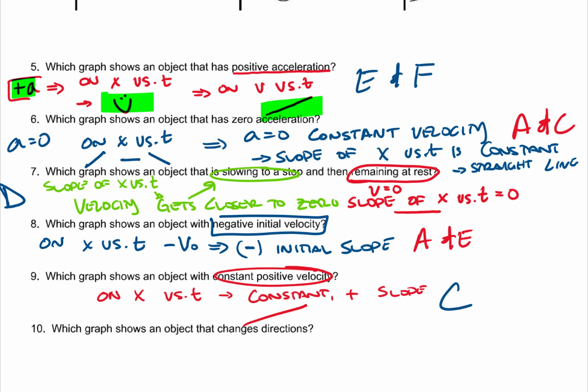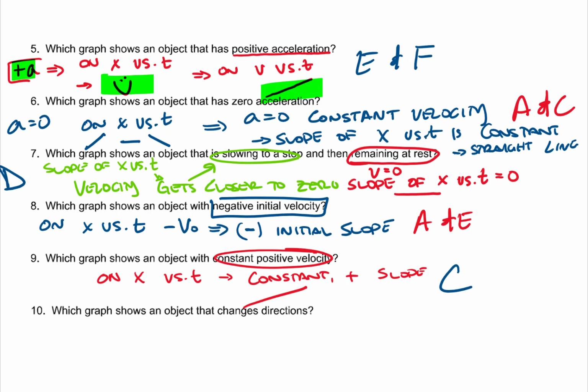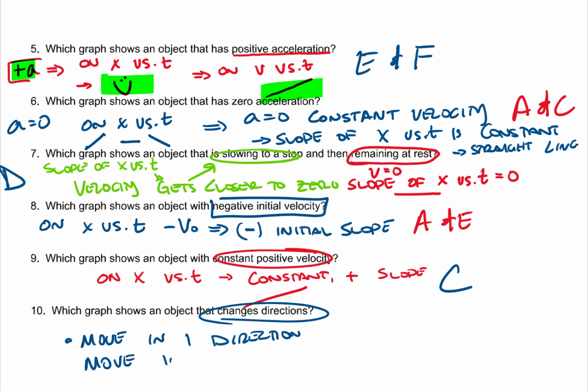And then which graph shows an object that changes directions? So changing directions, we move in one direction and then we move in another.